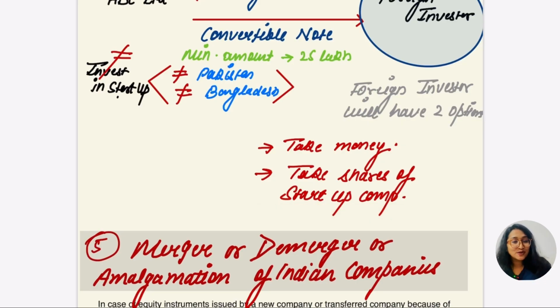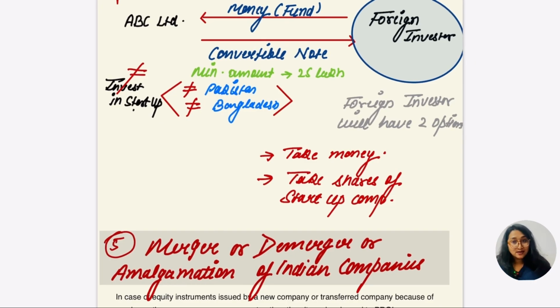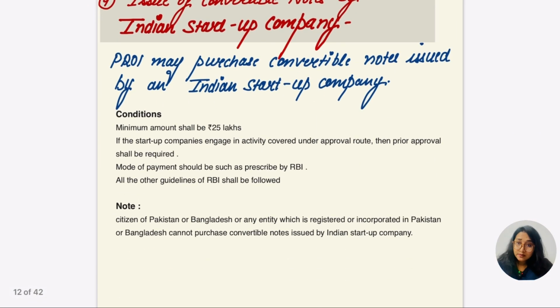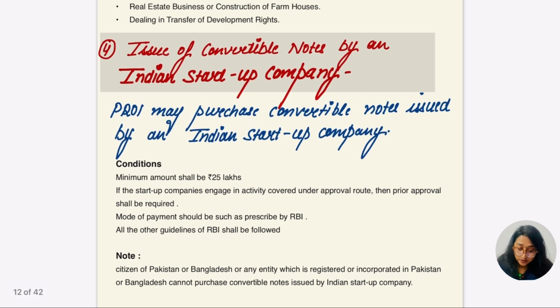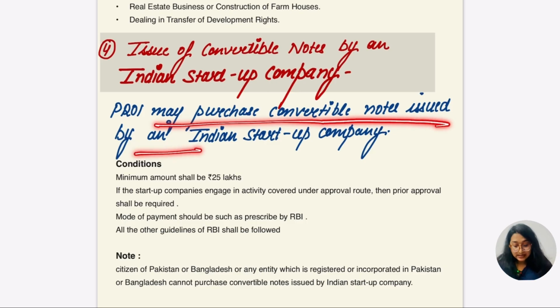So this was all about this point where the foreign investor either can take back money or take some of the shares of the startup company. So this is all about the fourth point, issue of the convertible notes by an Indian startup company.